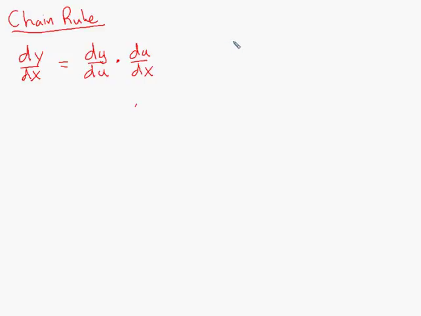And if you want to use the other notation, if my function is f of g of x, then it's f prime of g of x times g prime of x, basically. Same idea. I like this better, just to make sense.